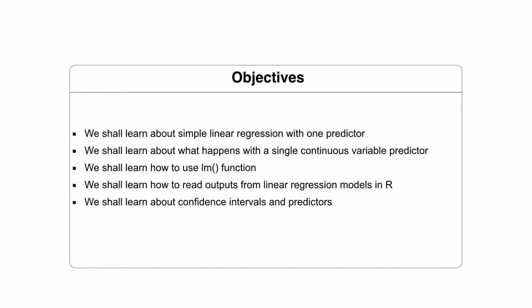We shall learn about confidence intervals and predictors, and in the process you should have a fairly good amount of experience or knowledge as to what you can do with R. The rest of it, of course, you will pick up as you start practicing with real-world data.